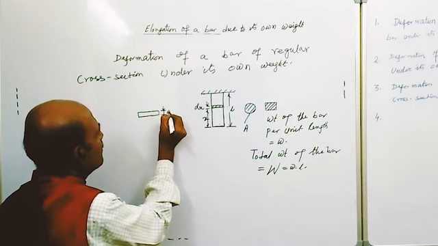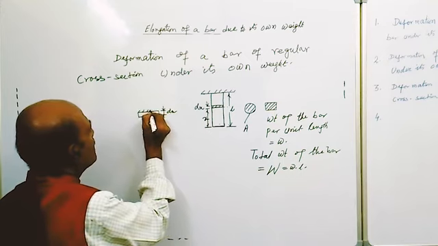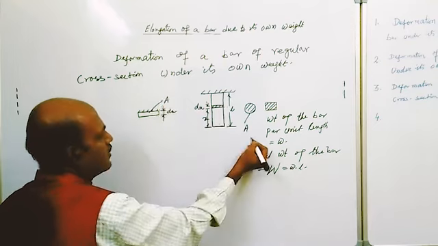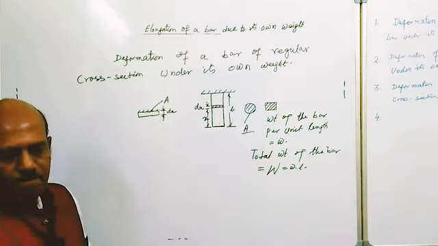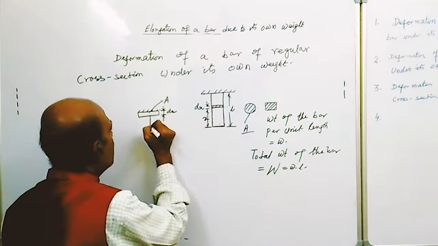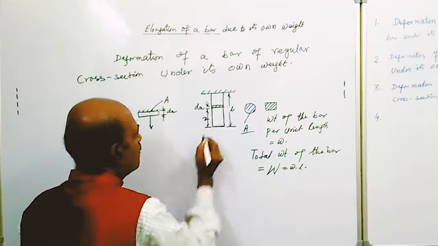Dx is the length. The cross-sectional area is capital A as given here. Now this bottom portion will act as a weight on that section. What is the weight of this bottom portion?